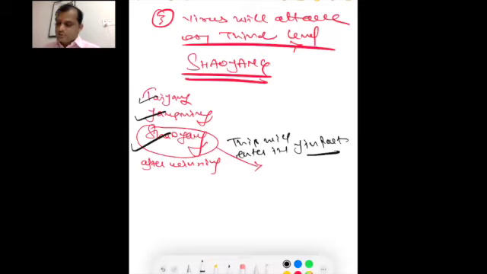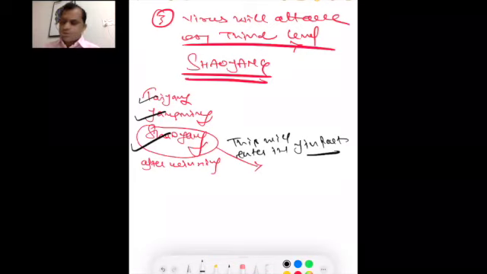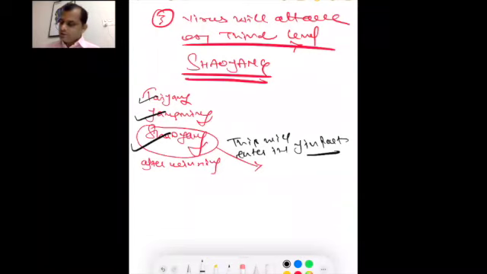Then Shao Yang is also yang, the third level. But the virus is so powerful, it keeps on entering. As soon as the virus defeats the Shao Yang, it will enter the yin. In the yin, first it will attack the Tai Yin, which is lungs and spleen.